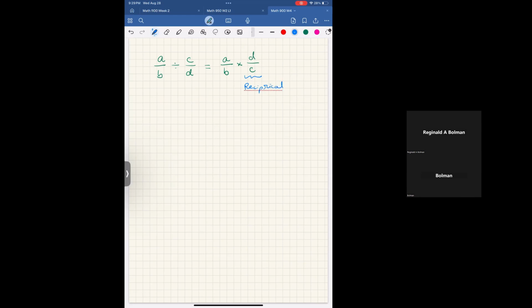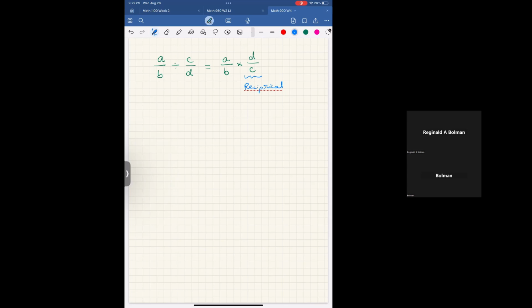And it turns out that what's going on when you actually perform division of any kind is that you're multiplying by what is known as a reciprocal. And as a result, when you divide by a fraction, it's the same thing as simply multiplying by the reciprocal of that fraction.